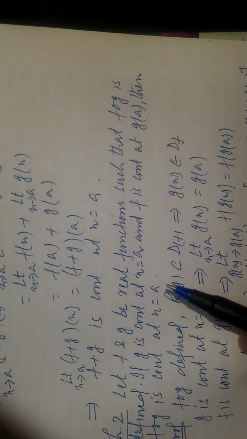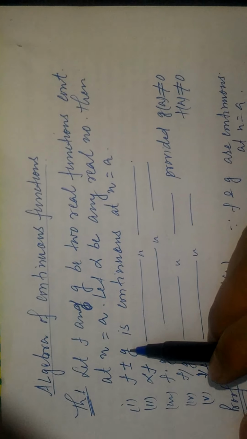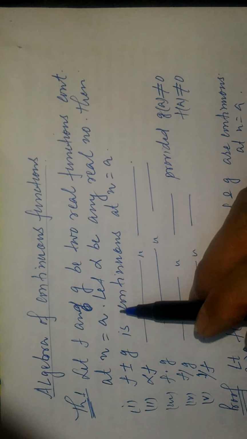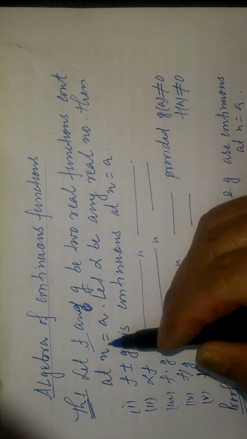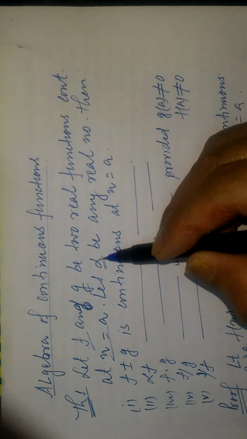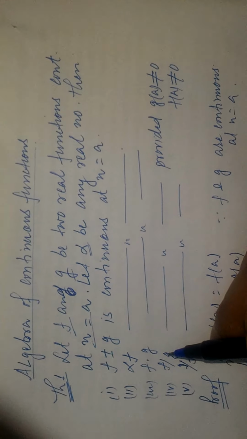Now we'll be discussing the algebra of continuous functions, or we can say the properties. If f and g are two real functions continuous at x equal to a, and alpha is any real number, then these are the properties we have.